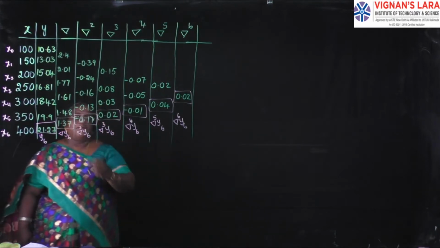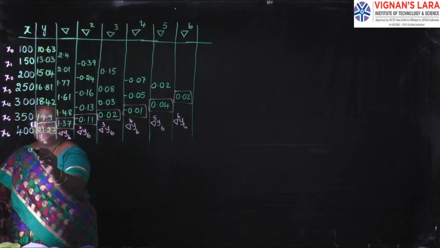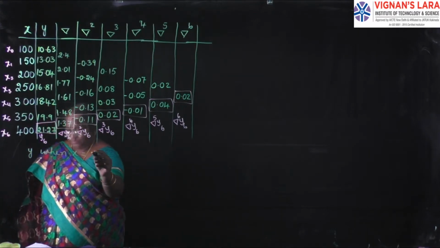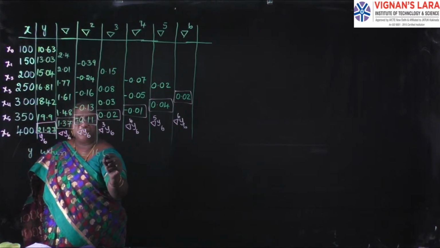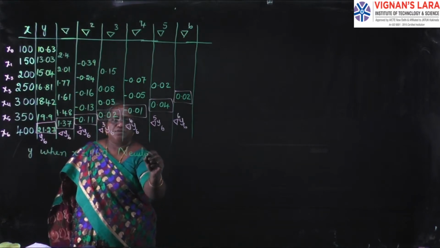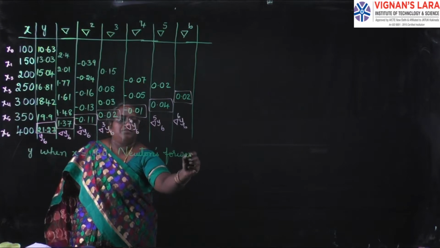Okay, we have seen how to find the value of y when x is equal to 160 using Newton's forward interpolation formula.